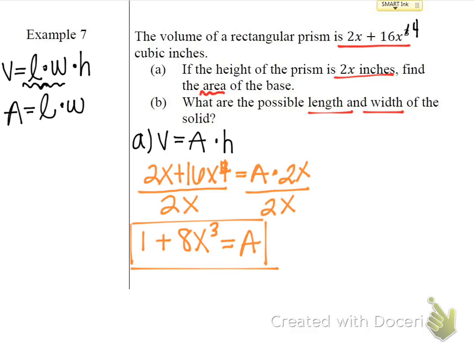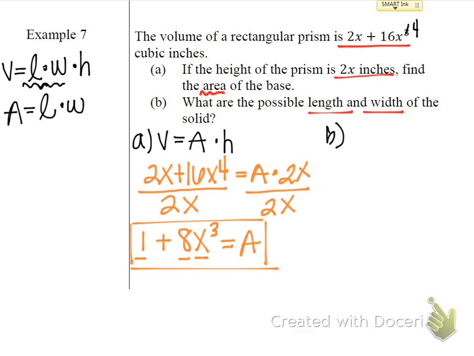It was supposed to be a 16x to the fourth, not to the third, so that way when I divide by 2x, then I get 8x to the third. So 2x divided by 2x left me with a 1, and 16x to the fourth divided by 2x, 16 divided by 2 leaves me with 8, and x to the fourth divided by x left me with x cubed, and that is the area.